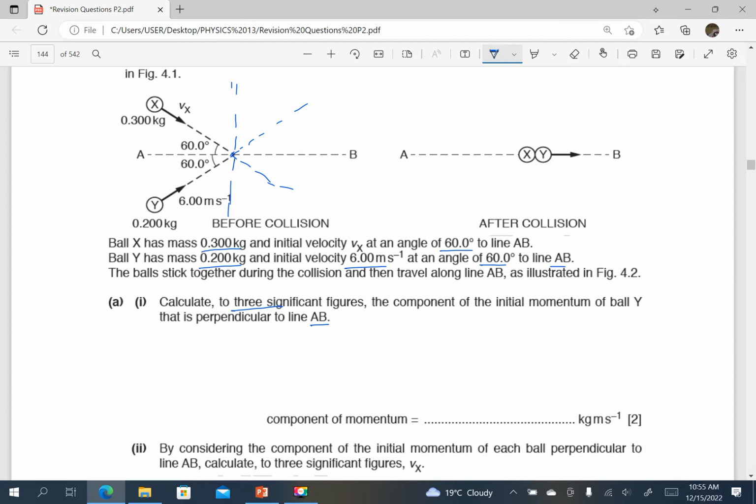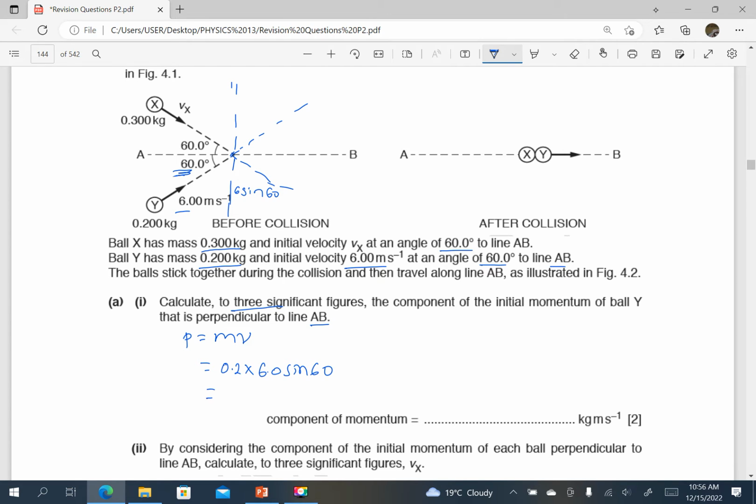So we know that momentum is mass times velocity. So for ball Y, we are going to resolve it to the vertical. If I use this angle here to resolve the speed 6 to the vertical, that is going to be 6 sine 60. So that means the momentum will be mass, which is 0.2, times the velocity, which is 6.0 sine of 60.